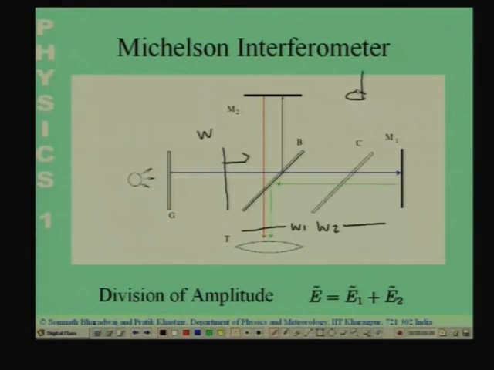The time delay is exactly d by c, and if this time delay is less than the coherence time, the degree of coherence between the two waves is going to be quite large. The visibility is going to be quite large. We will see good fringes, very bright fringes with a good contrast.